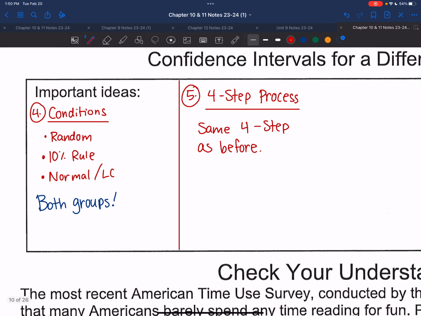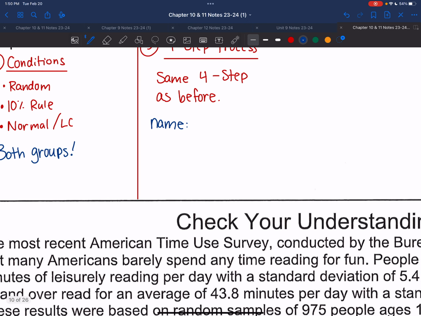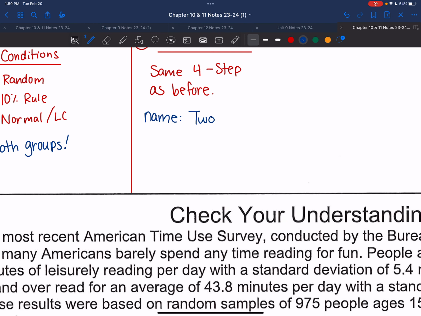The only difference is the name. Okay, so in section 10.1, we had 1 sample. This is a 2 sample t interval.